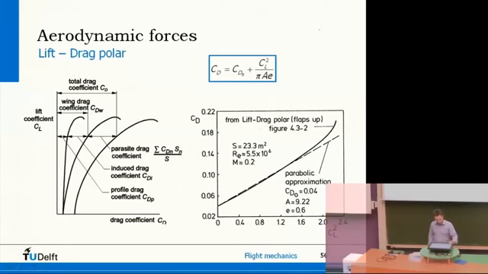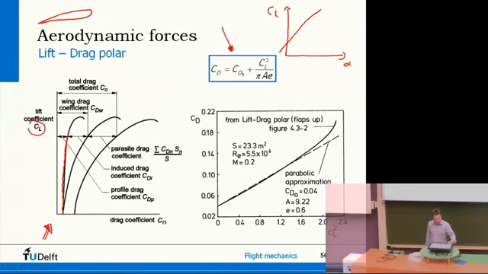So if we look at this curve on the left, if you would only have a two-dimensional profile, then for different angles of attack or for different lift coefficients, because CL is of course a function of angle of attack, you more or less have a certain drag coefficient.